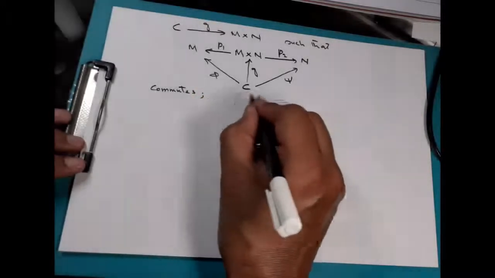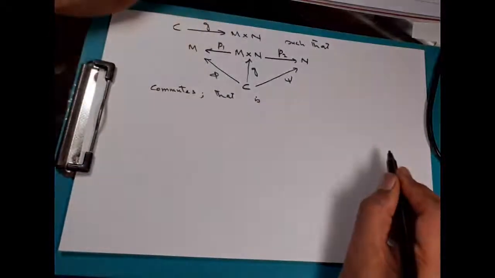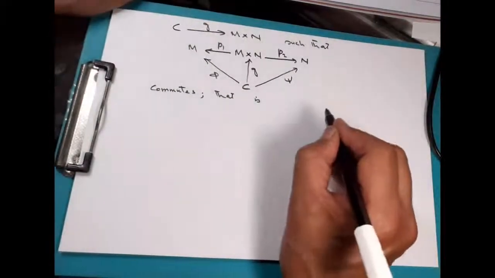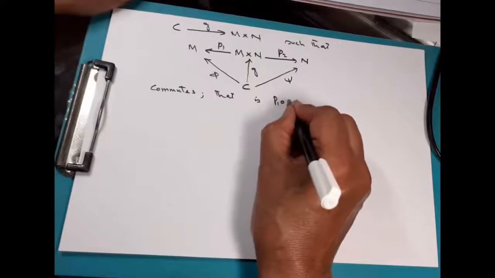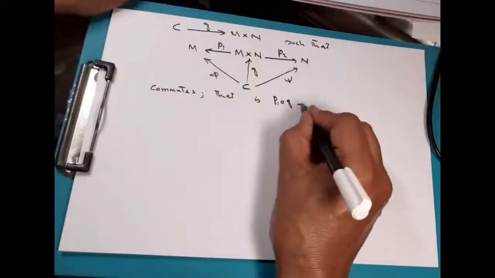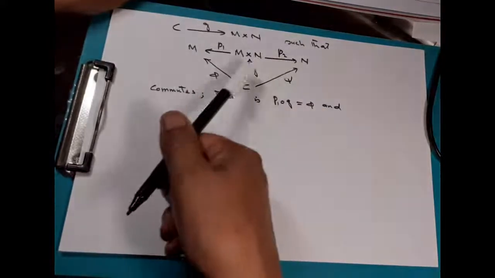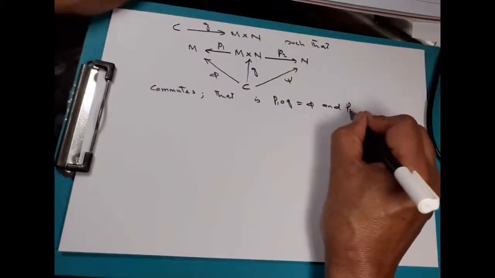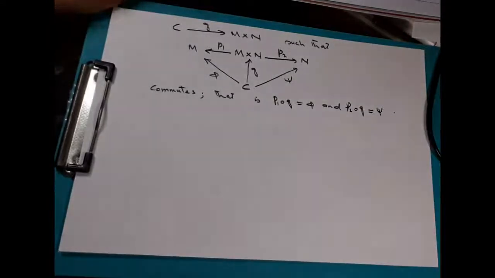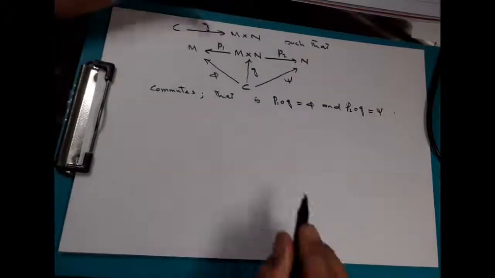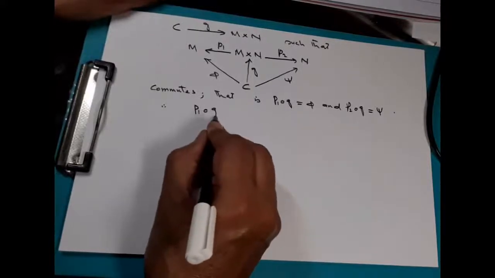So this diagram commutes means that P1 composed with G is equal to phi, and P2 composed with G is equal to psi.